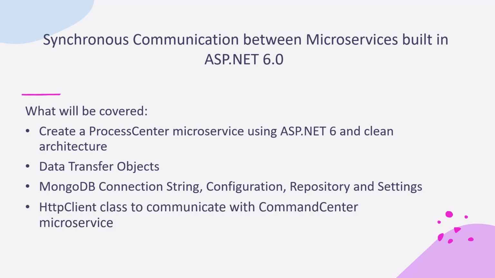Additionally, we'll demonstrate the use of the HttpClient class to communicate with the Command Center microservice. So there we are. Let's switch over to Visual Studio and start building our project.